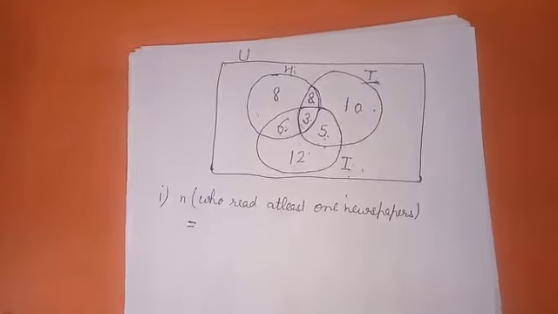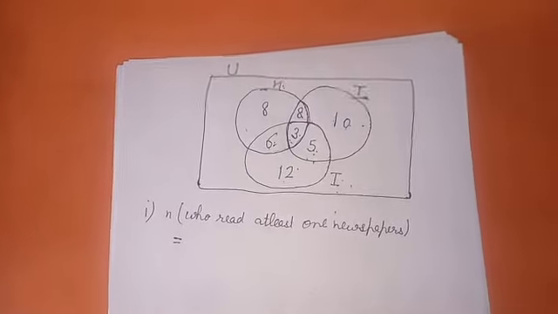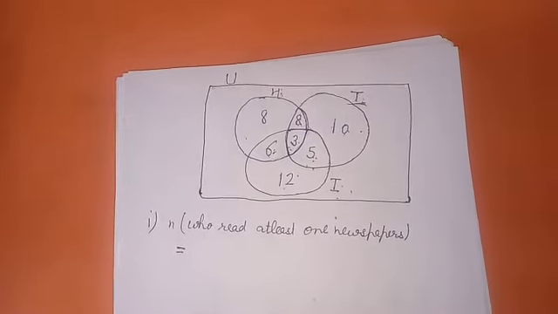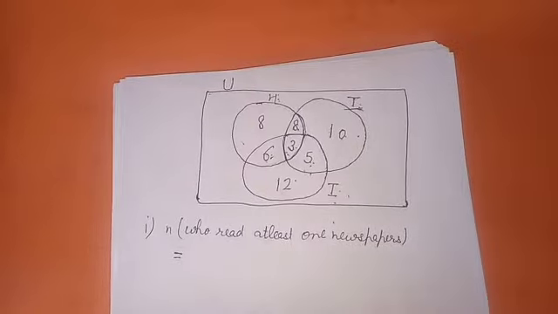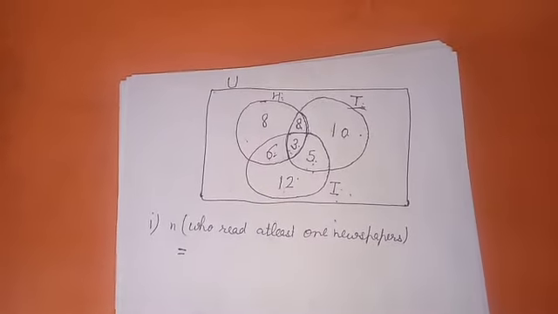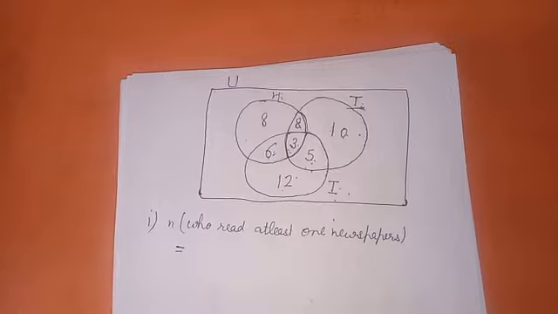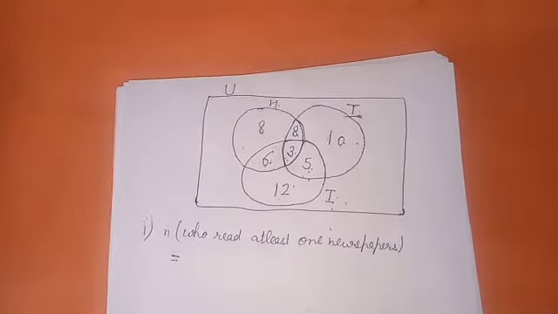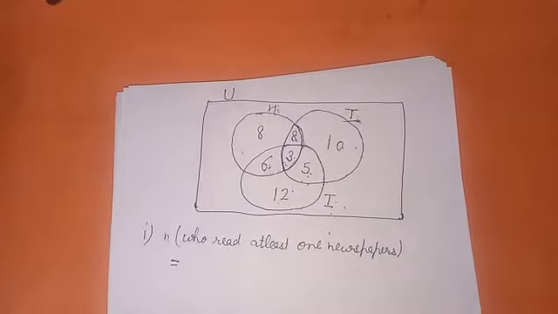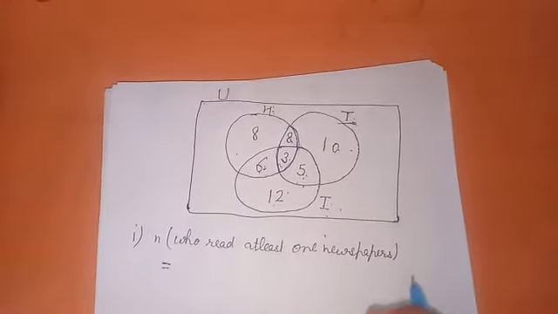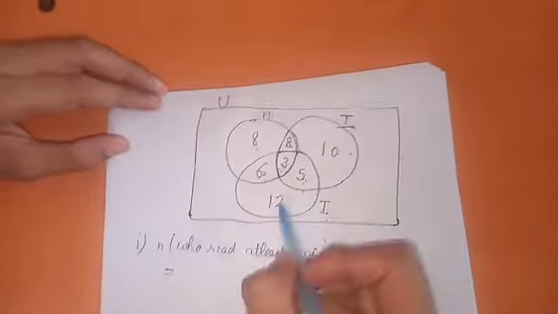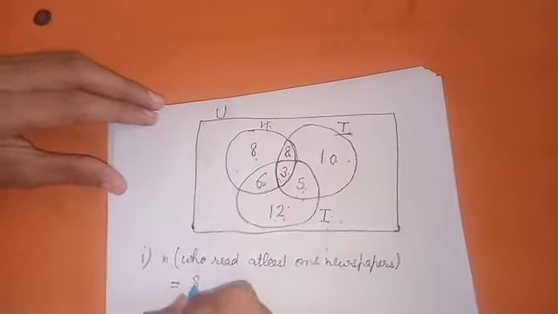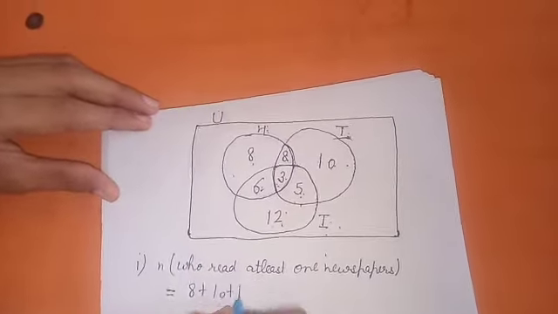At least one newspaper means they may be reading one, or two, or all three. So first of all we list who are reading only one. That is 8, 12 and 10. 8 plus 10 plus 12.